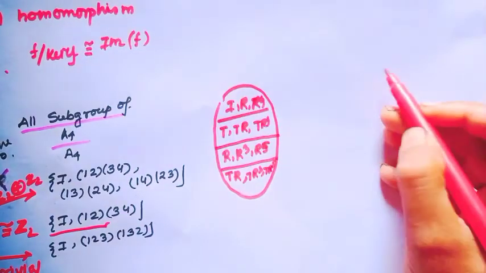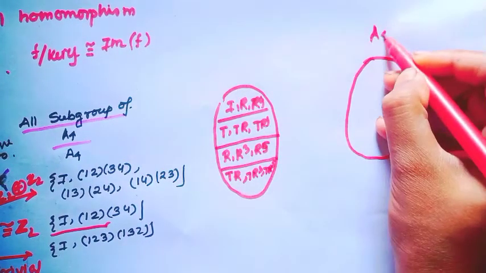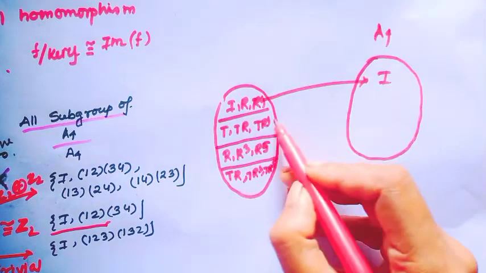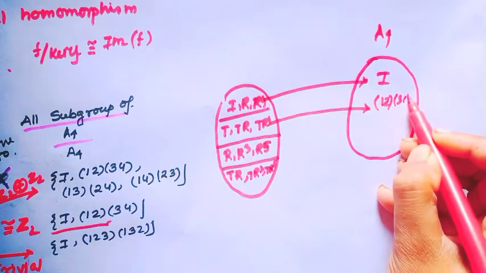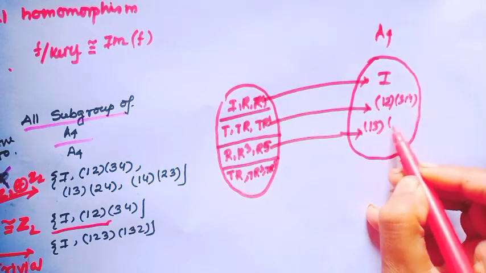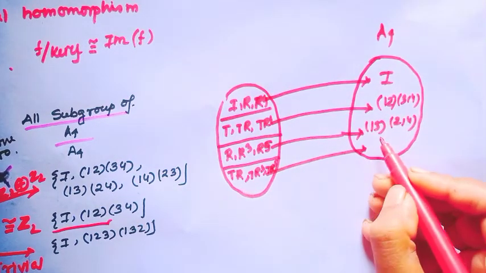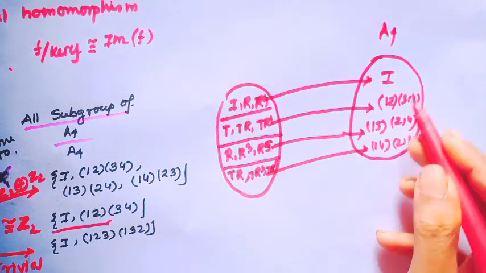All this sends to the codomain A4: this maps to identity, this maps to (1 2 3 4), this maps to (1 3 2 4), and this maps to (1 4 2 3). Are you getting this mapping?